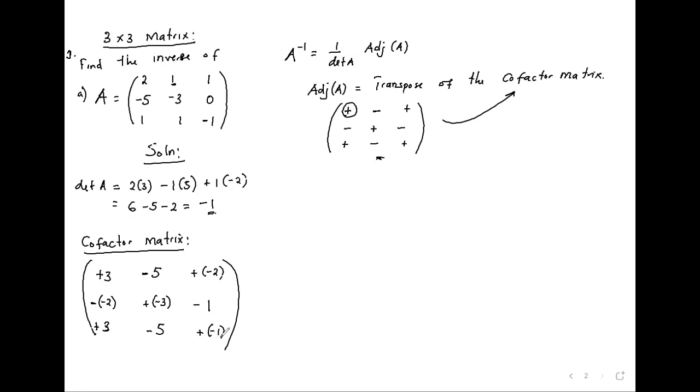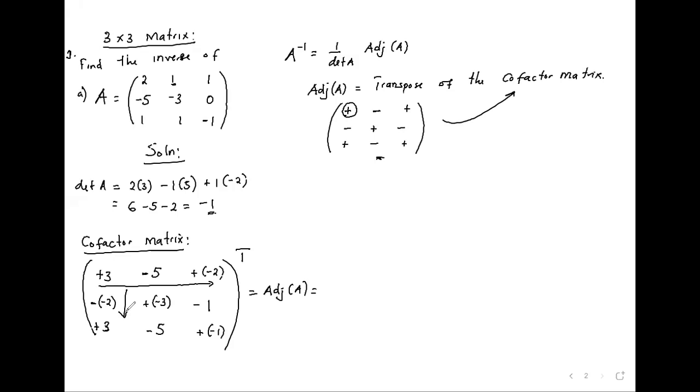So now we're interested in the transpose of this matrix for us to form the adjoint matrix of A. So to get the transpose, what was a row, you make it a column.